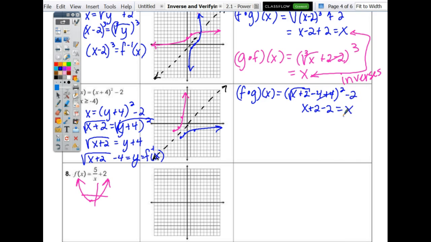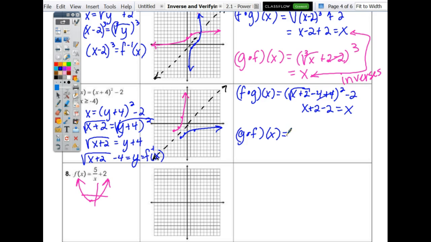So just one more check now. The g of f of x. So that means that I have to take this, and where I see the x here, I'm going to put this in here.